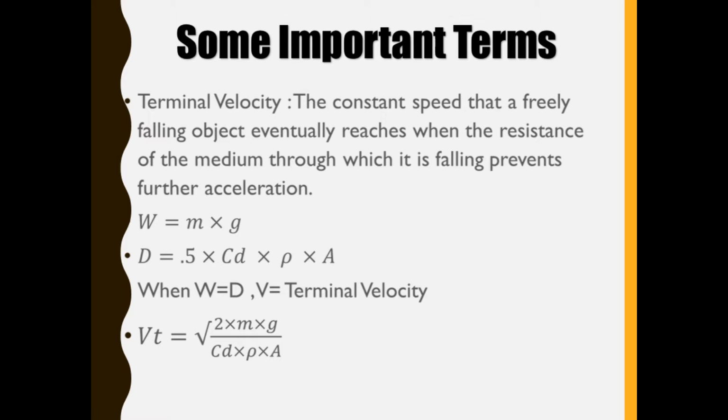The velocity of the projectile at that point of time is called terminal velocity. By equating weight and drag, we obtain the terminal velocity, which is equal to the square root of 2mg upon CD rho A, where CD is the drag coefficient and rho is the density of air.